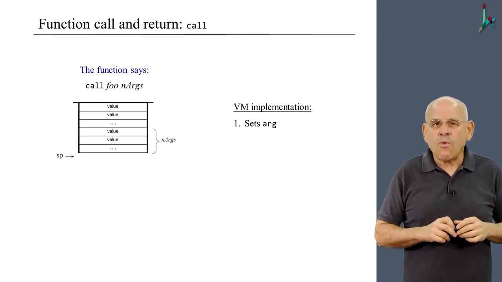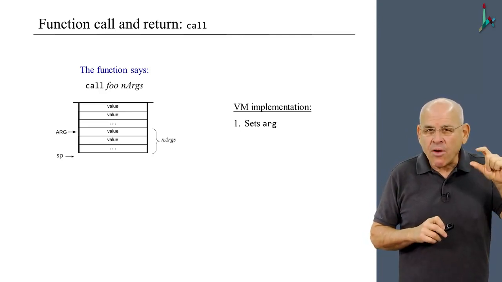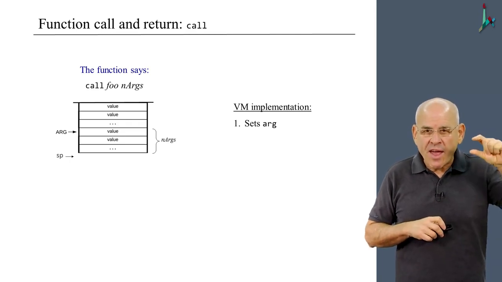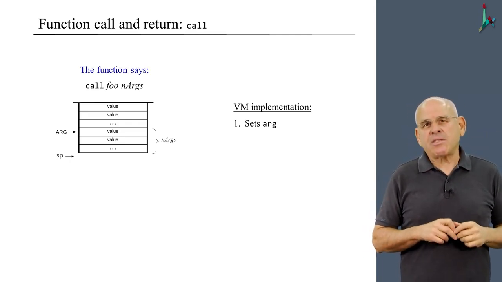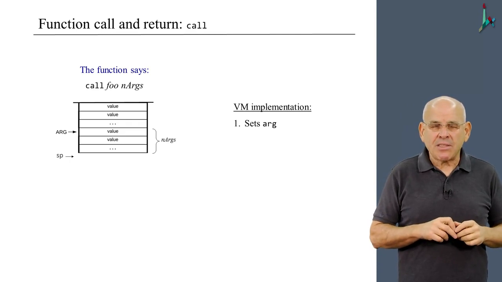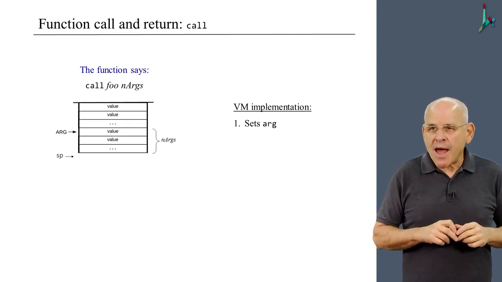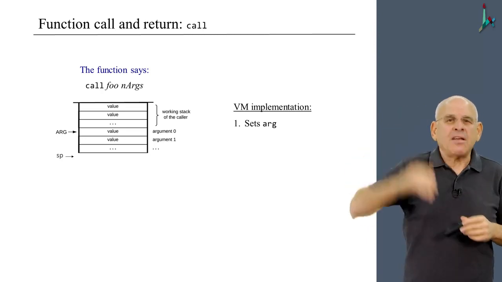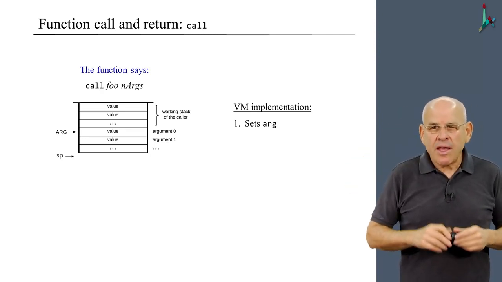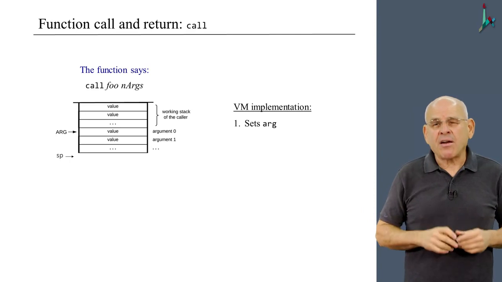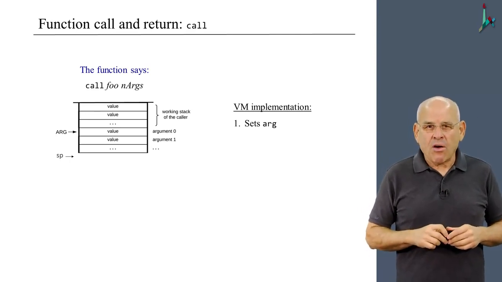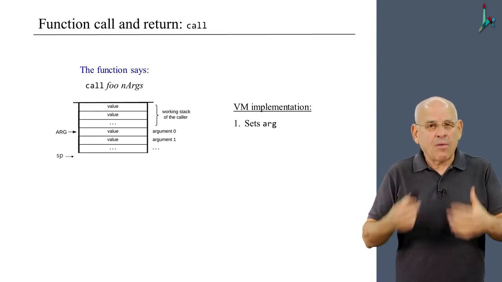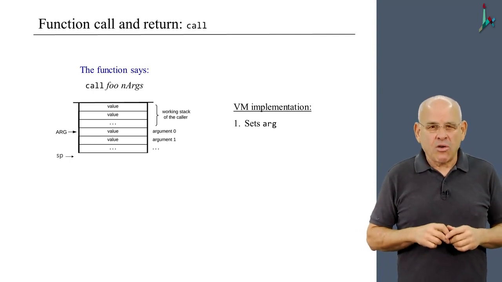Well, it should be right here, right? The arg pointer should refer to the base address of the argument's segment in memory. So from now on, I know that what is above the arg is the working stack of the caller, and what is below the arg are the arguments of the callee. I mean, the arguments that the callee is going to use.